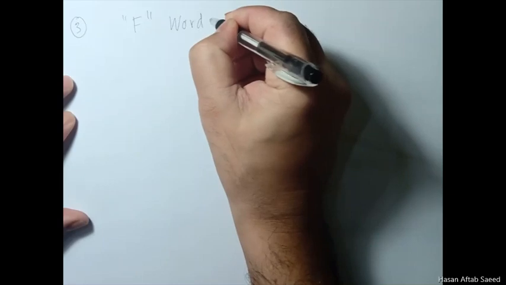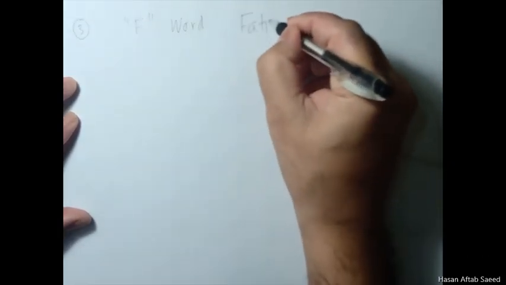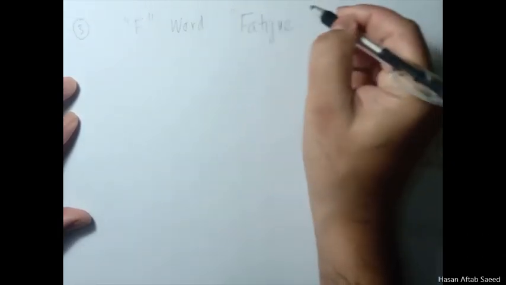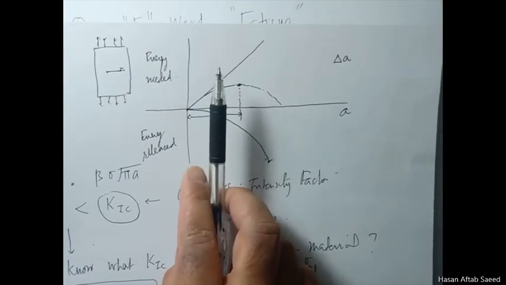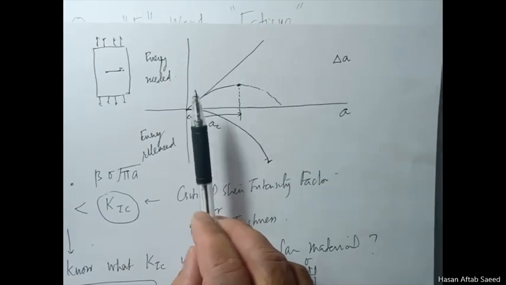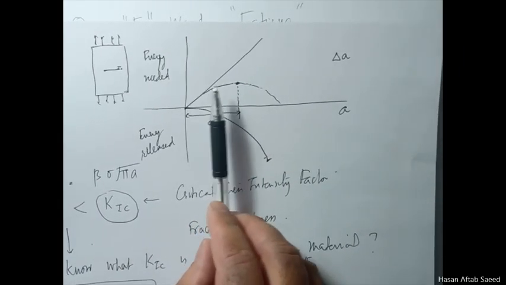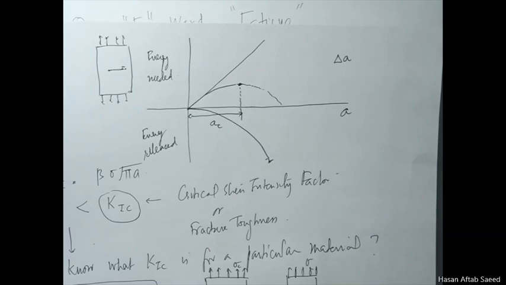The answer to this question is the F word in engineering, and that is fatigue. If there was no fatigue in this life, it would have been very easy to design. Make sure it doesn't yield, and make sure any crack length present in the material is smaller than the critical crack length. That would have been all.